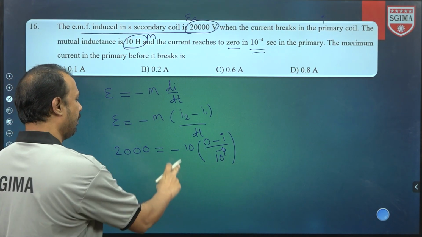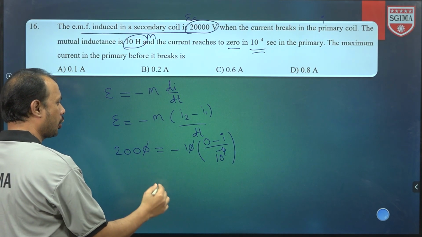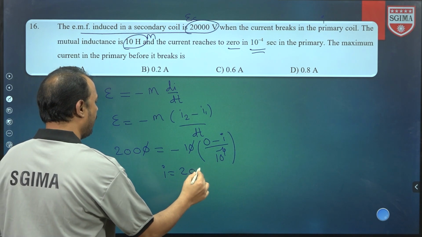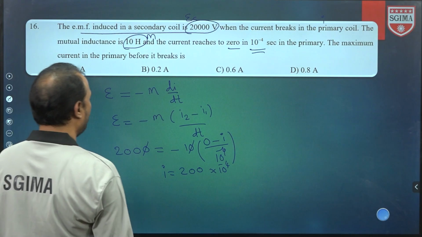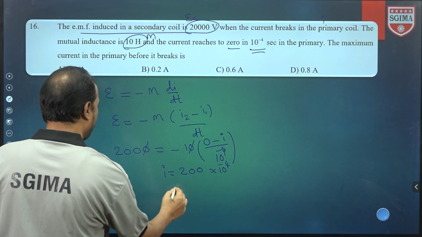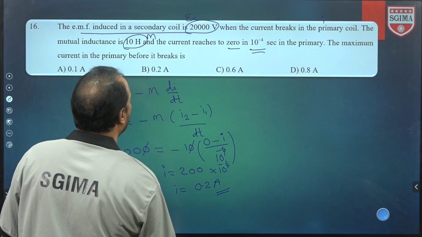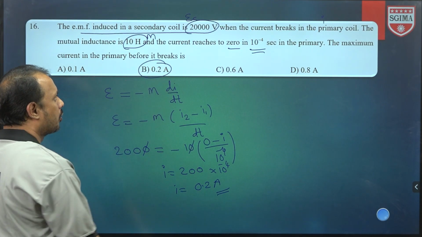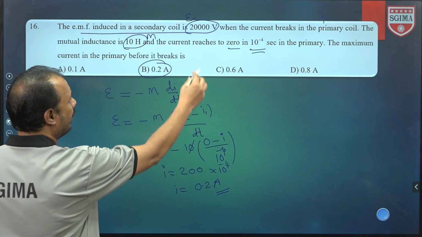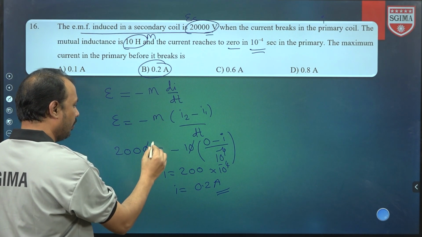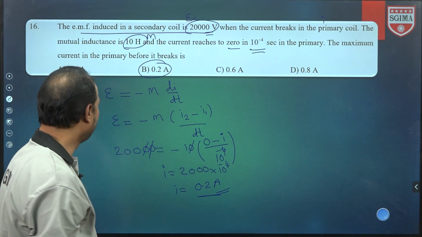Now simplify, minus of minus is plus, minus 4 carried, 1 0 is cancelled, then 200 into 10 power of minus 4, which is equal to 0.2 ampere. So we are getting the second option. Right, so it is 20,000, 1 0 cancelled, 2,000, so 0.2 ampere.